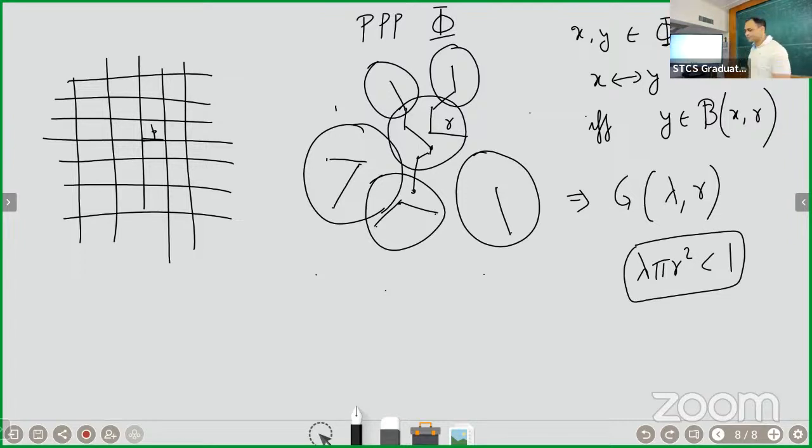For that, we will use hexagonal percolation. Last time we did this with squares; now, rather than squares, we will use hexagons.